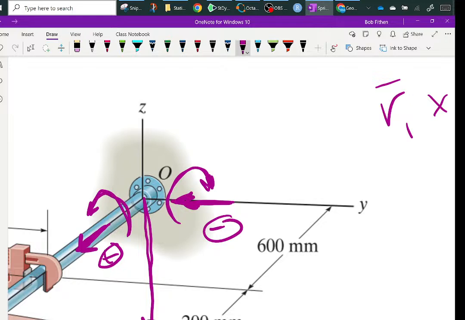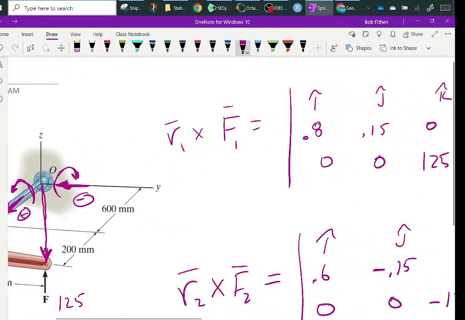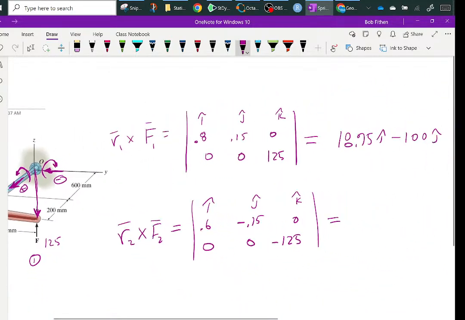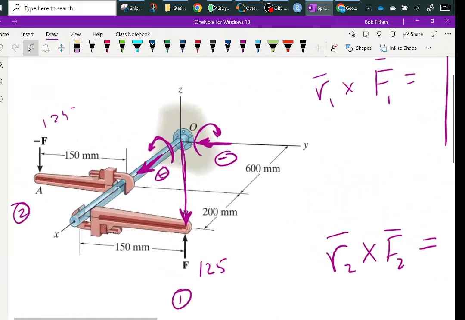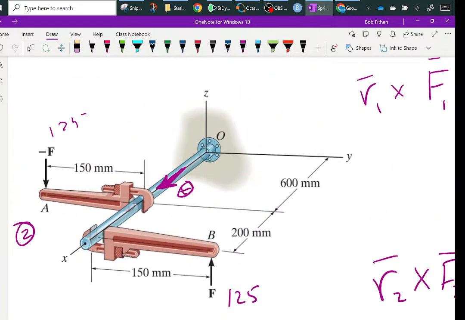You roll your fingers around that axis, and your thumb points this way. So, in fact, those numbers came out to be reasonably comforting. Now let's take this one and try to see what we get here.